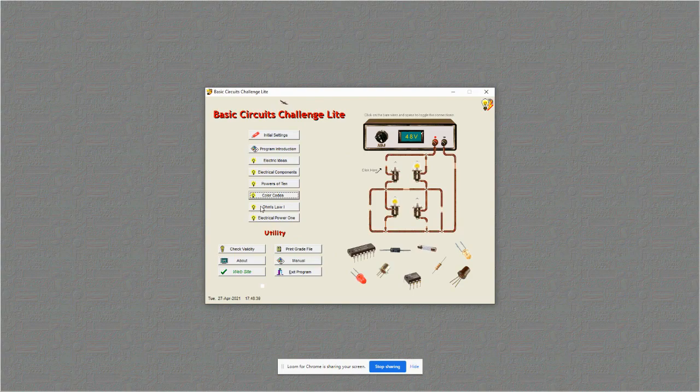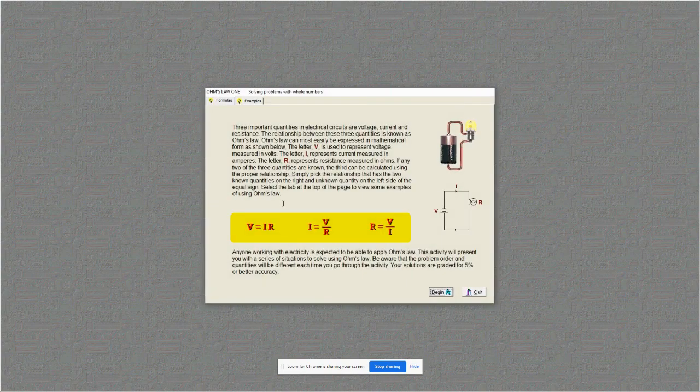Now let's look at Ohm's Law 1. Ohm's Law is the controlling theory for electronics. What Ohm's Law states is V, for voltage, is equal to I, current, multiplied by R, resistance. The current in a circuit is equal to the voltage divided by resistance, and resistance in a circuit is equal to voltage divided by current.